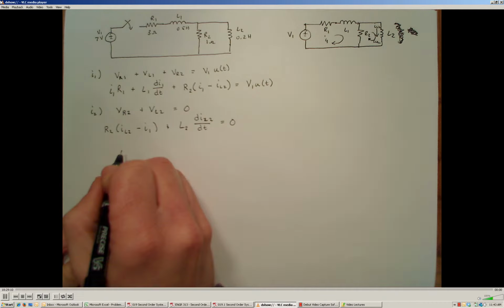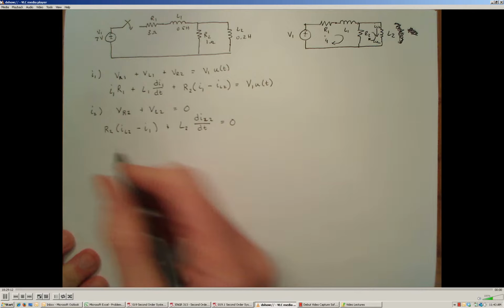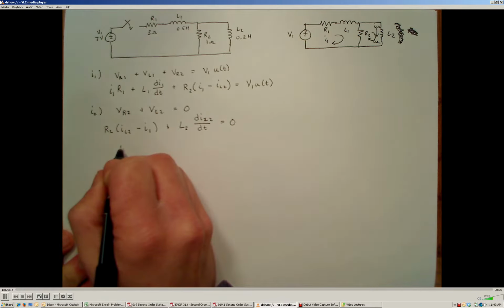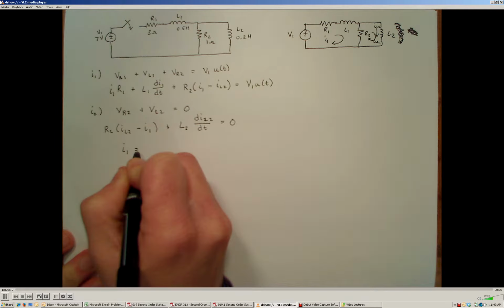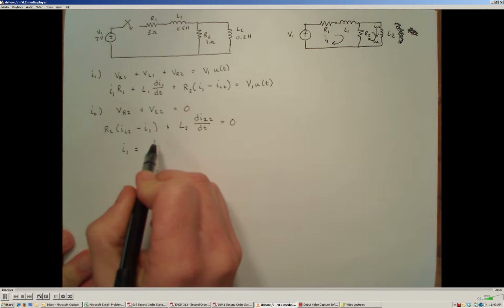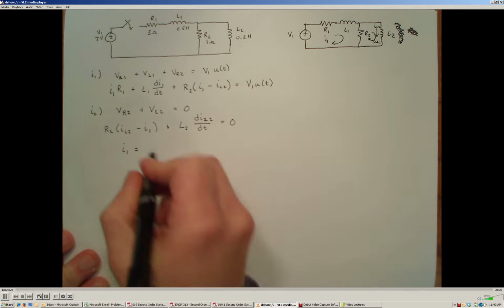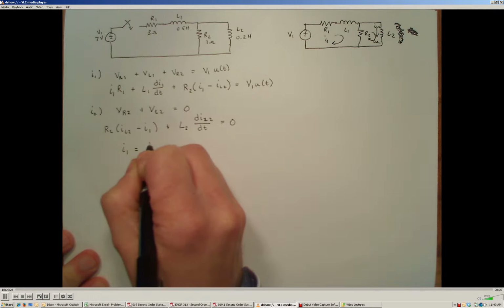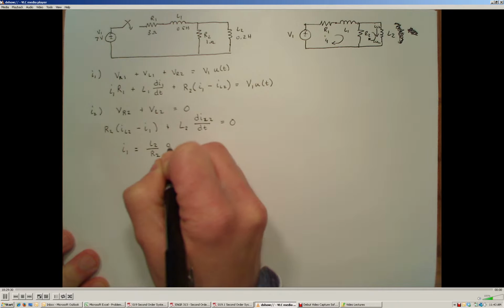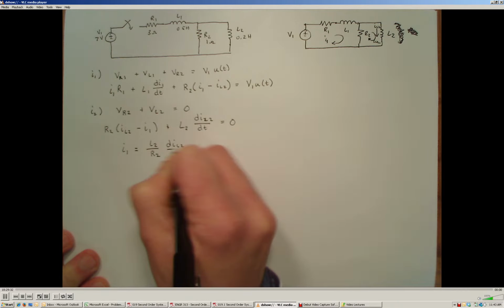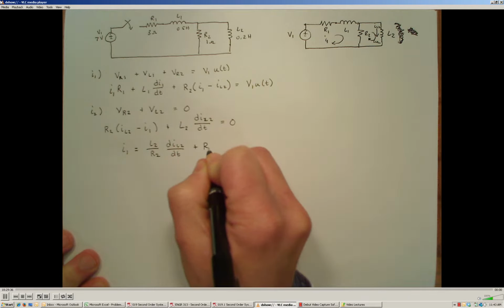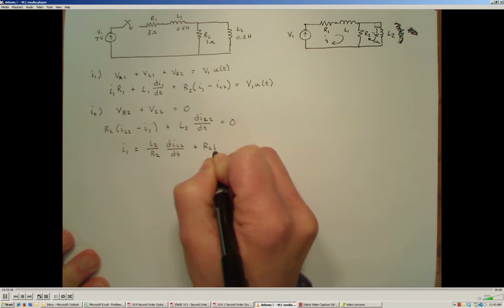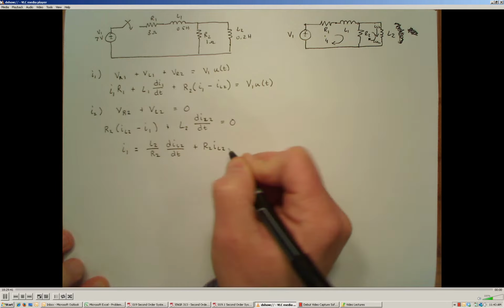In doing so, I1 will be equal to, doing a little bit of algebra here, L2 over R2 times the rate of change of current through inductor L2 plus the current through inductor L2.